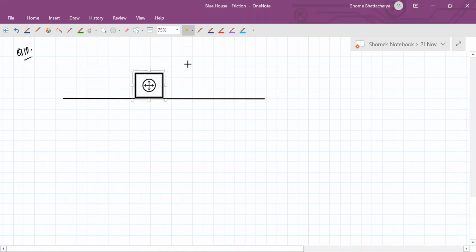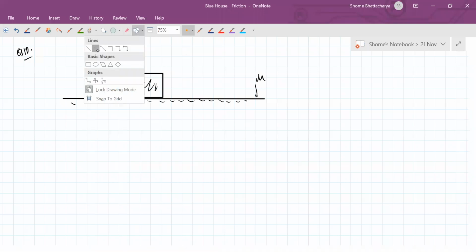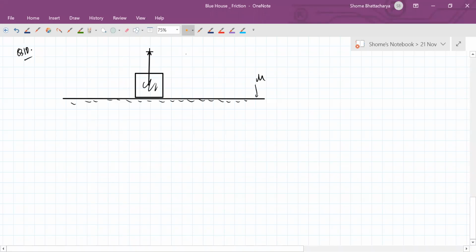Now notice nothing else is given. Whether we are applying some external force horizontally or not, just the coefficient of friction is given. Not even the mass of the block is given. But we have to find the maximum possible angle between normal reaction and the net contact force.